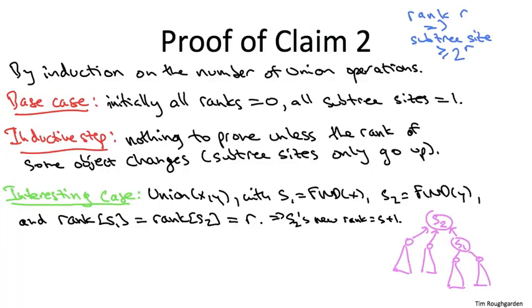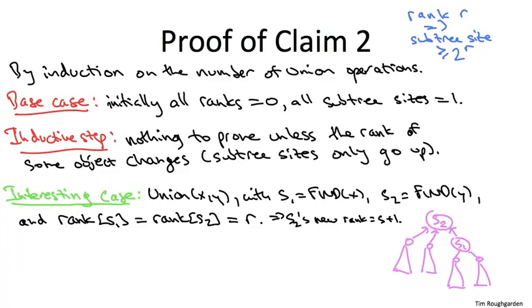Now notice, in this case, we do have something to prove. What are we trying to establish? We're trying to establish that every subtree size is big as a function of the rank. So S2's rank has gone up, and therefore the lower bound, the bar that we have to meet for the subtree size, has also gone up. It's doubled. So in this case, we actually have to scrutinize S2's new subtree.